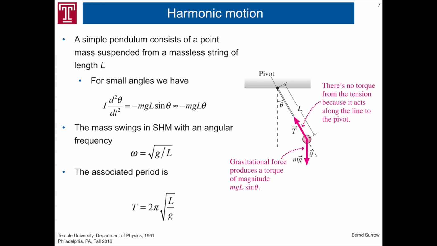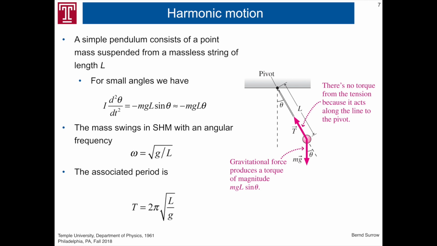So now there's a torque, therefore here's the point of rotation. The rotational axis is coming out of the plane. In this particular case, the torque is pointing into the plane here.